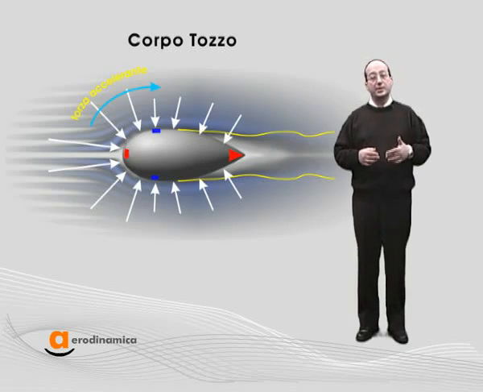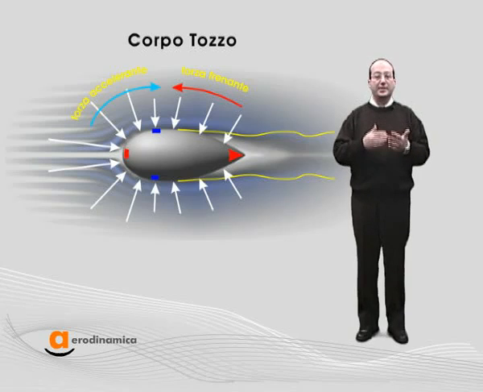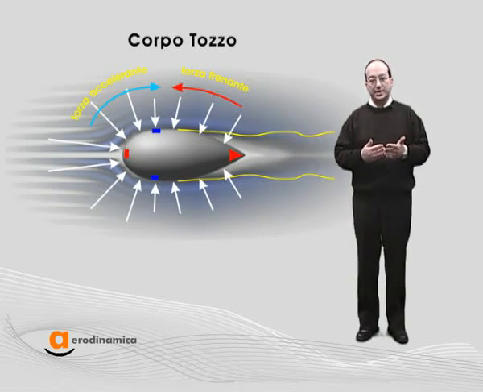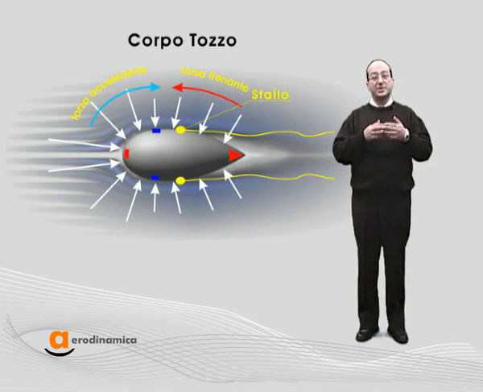Therefore, it will reach the point of minimum pressure with a momentum lower than that of zero friction condition. In addition, from the point of the minimum pressure on, both the increasing pressure and the friction will tend to stop it. The result is that the particle of fluid may stop before reaching the trailing edge. This phenomenon is called stall.